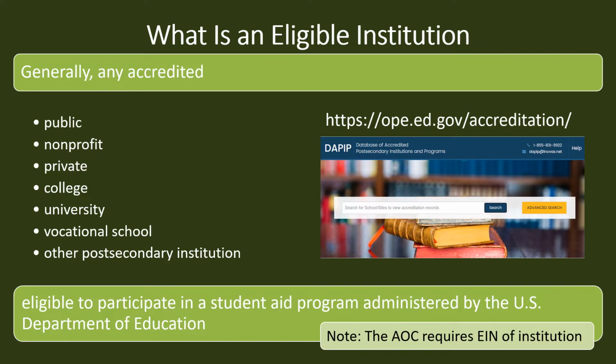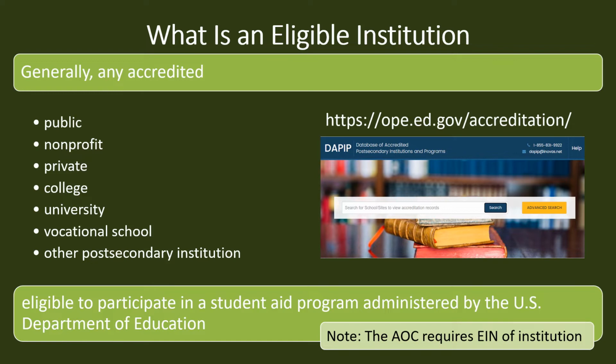Well, generally any accredited public, nonprofit, or private college, university, vocational school, or other post-secondary institution is going to be an eligible institution. They must be eligible to participate in a student aid program administered by the U.S. Department of Education. And there's a tool online, you'll see the link there, where you can look up the institution to see that it was eligible.